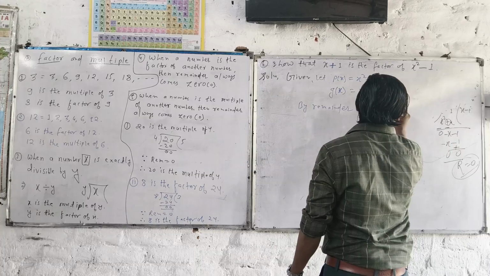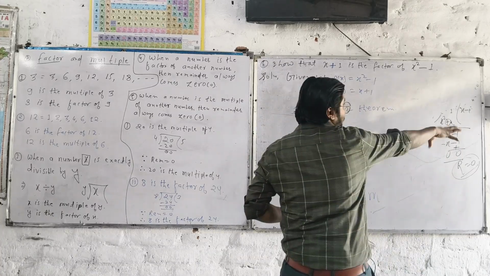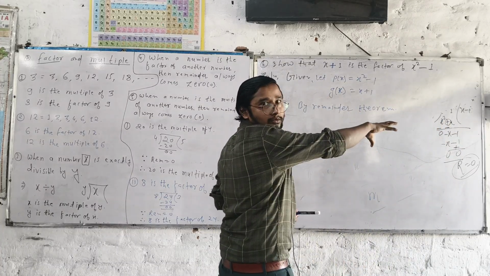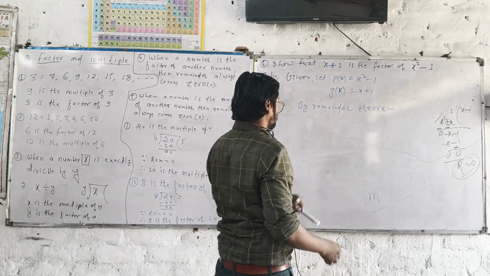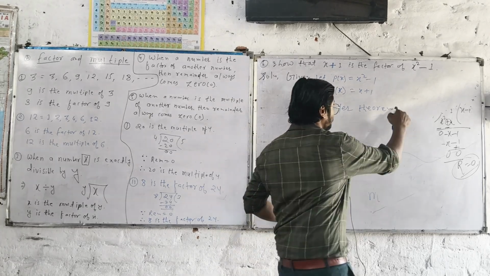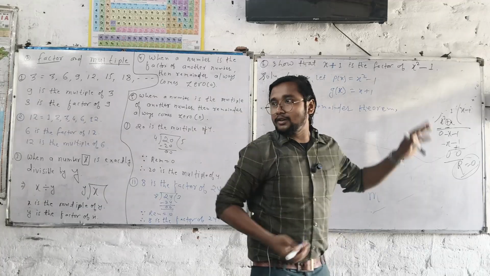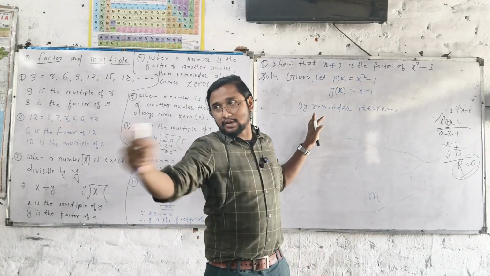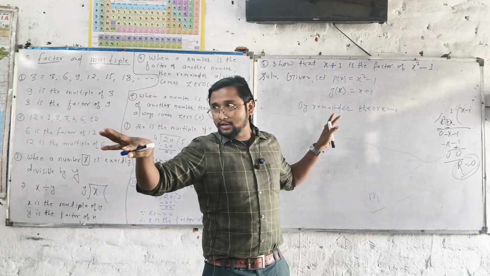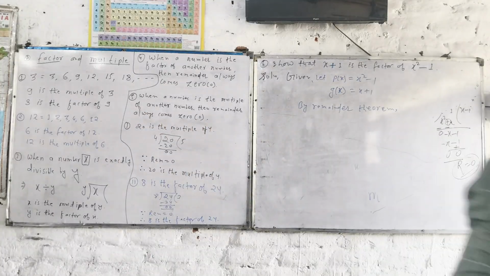Tell me, guys. You will copy this one as well. I am going to solve this question, and based on this question you can solve that question also. Factor and remainder you just have to write there.